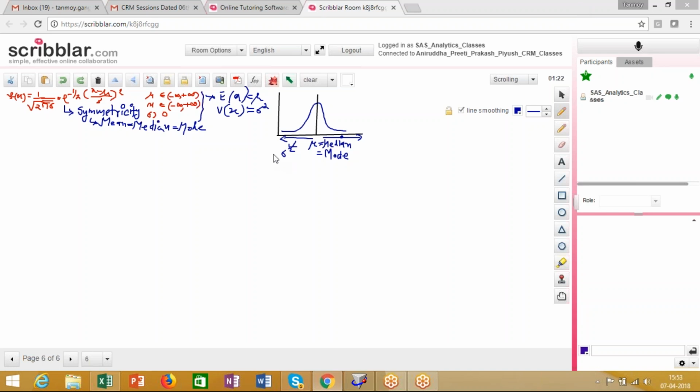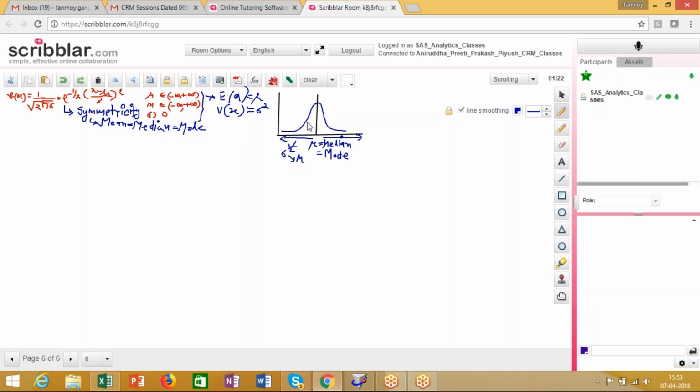So this is what the basics of normal distribution is. A normal distribution has constant mean, constant variance, and the mean, median, and mode are equal. Also, sigma square, or the variance, is lower compared to the mean.